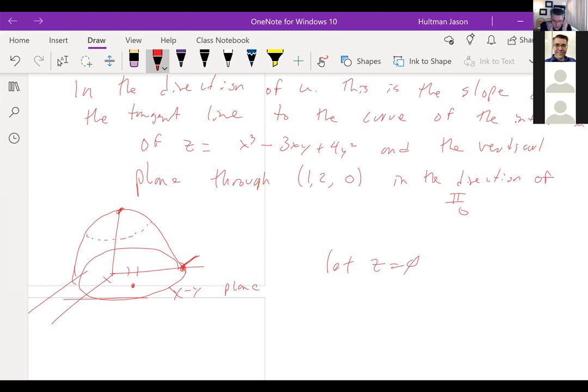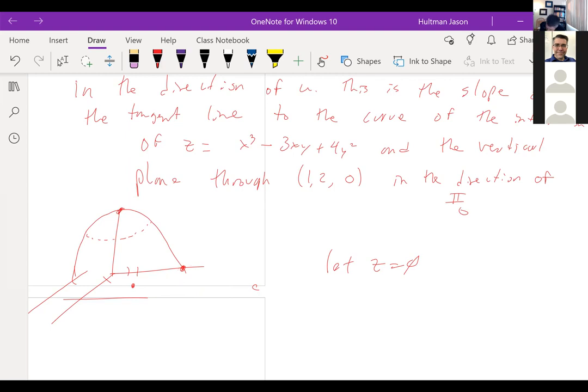No, it's a vertical plane. So how does that work out? The vertical plane through that point. Oh, it is a vertical plane. It is not this plane. It is the vertical plane through this, in that direction. Ah, I get it now.